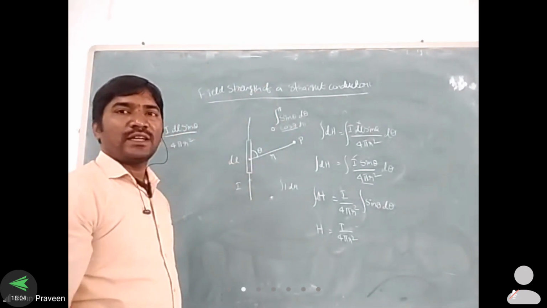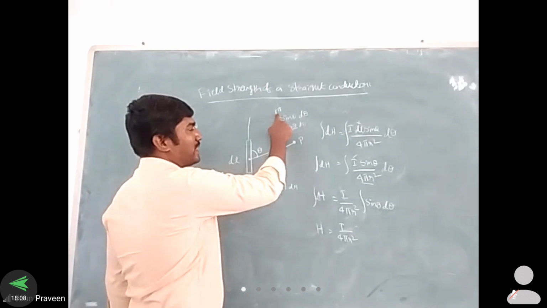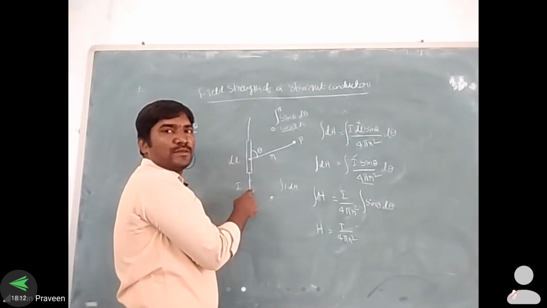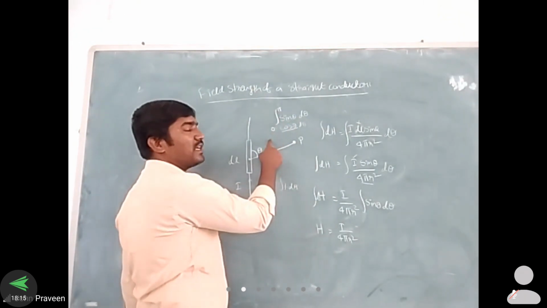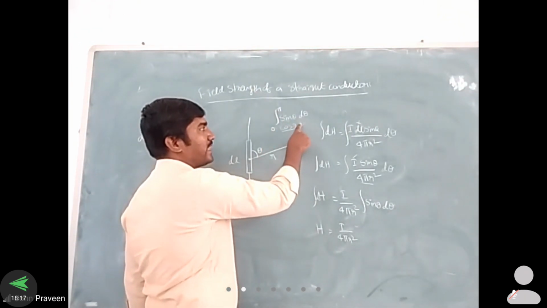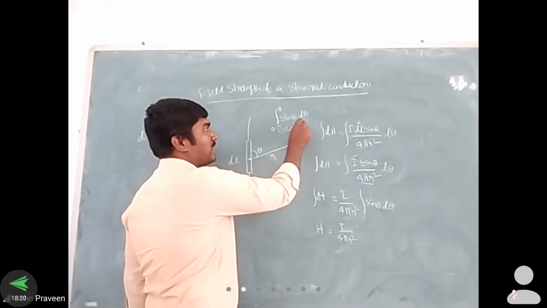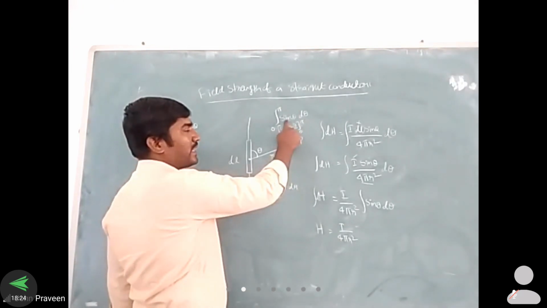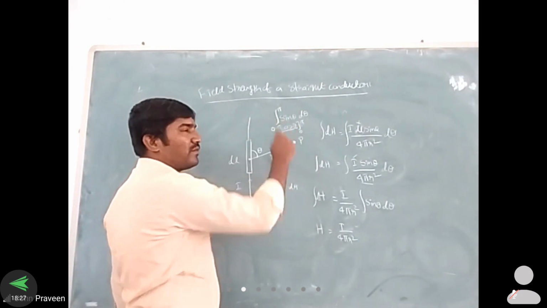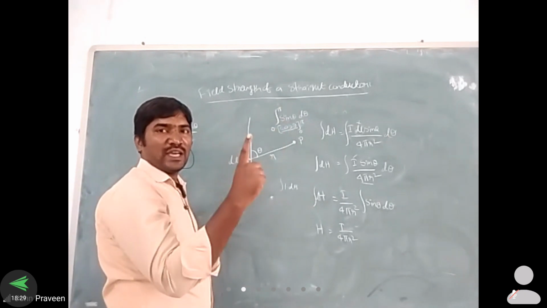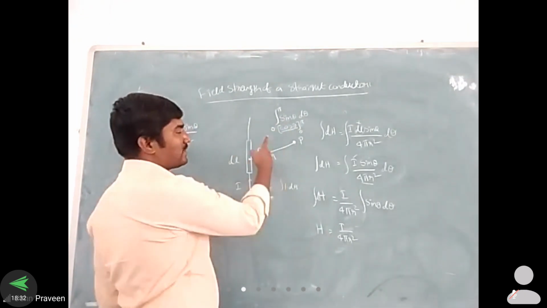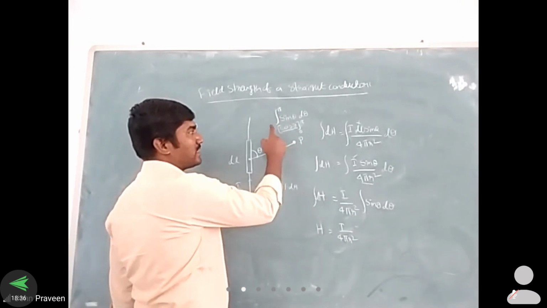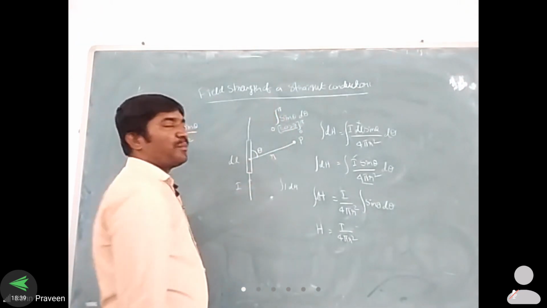So what value do we get here? For the integral from 0 to pi, first we take the integration, then we apply the limits, the upper limit and the lower limit. Here we apply the two limits, 0 and pi. In differentiation there is only one value, but in integration two limits are applicable: the lower limit and the upper limit.